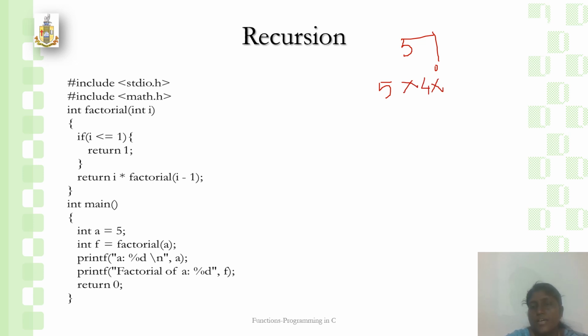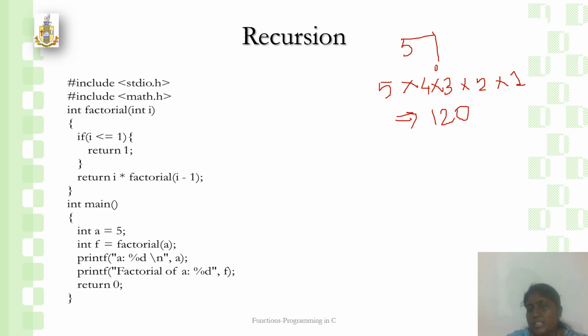So for 5, the factorial will be calculated as 5 into 4 into 3 into 2 into 1. So what is the value? 5 times 4 is 20, 20 times 6 is 120. So the factorial of 5 is 120.